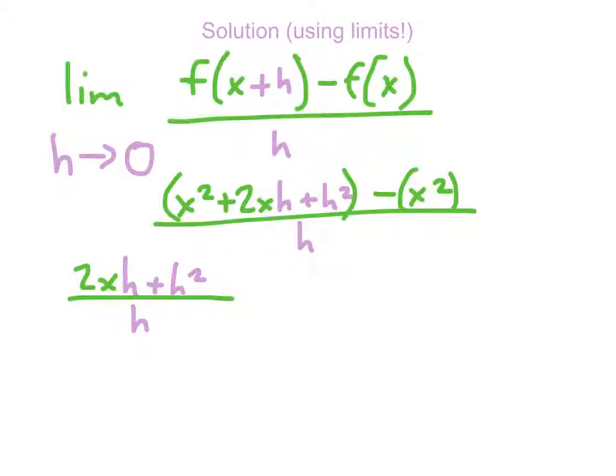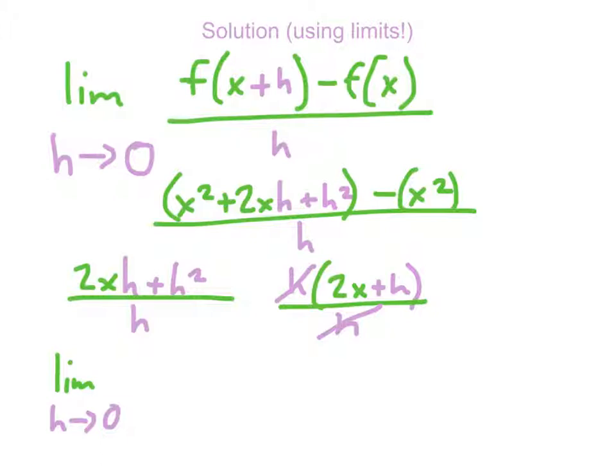So that's going to be h times the quantity 2x plus h, over h. And now we can cancel these h's out, and we're going to be left with the limit as h goes to 0 of 2x plus h.